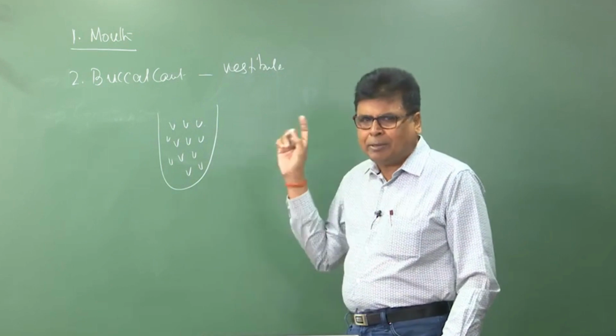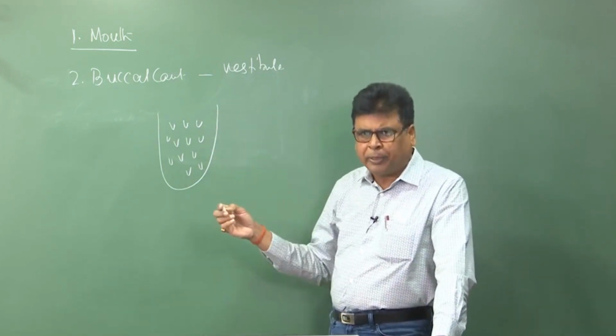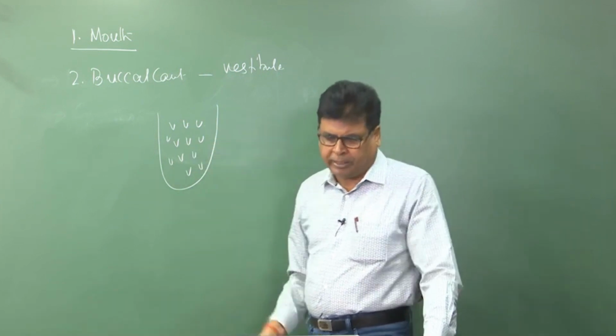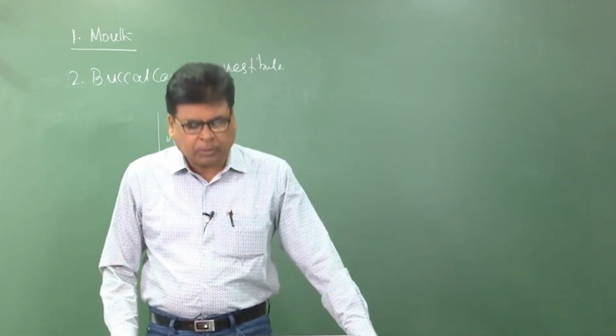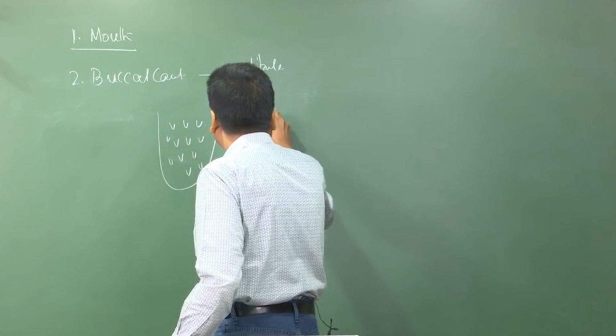Whenever it comes in contact with the prey, it rasps the prey and makes a cut, so that blood oozes out from that prey. So this type of tongue is known as a rasping tongue.